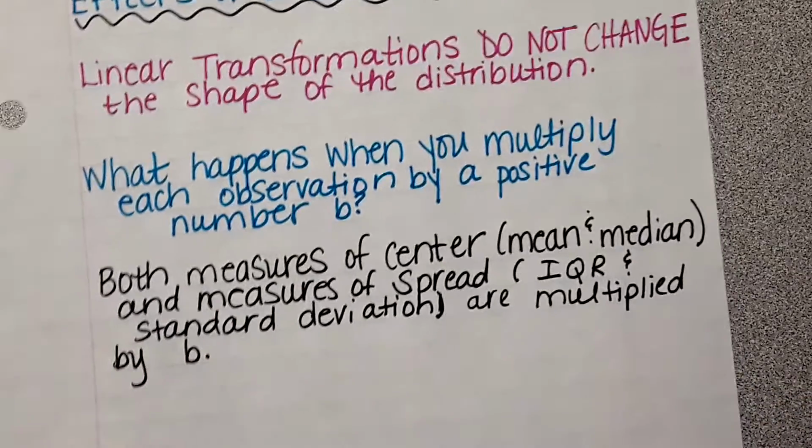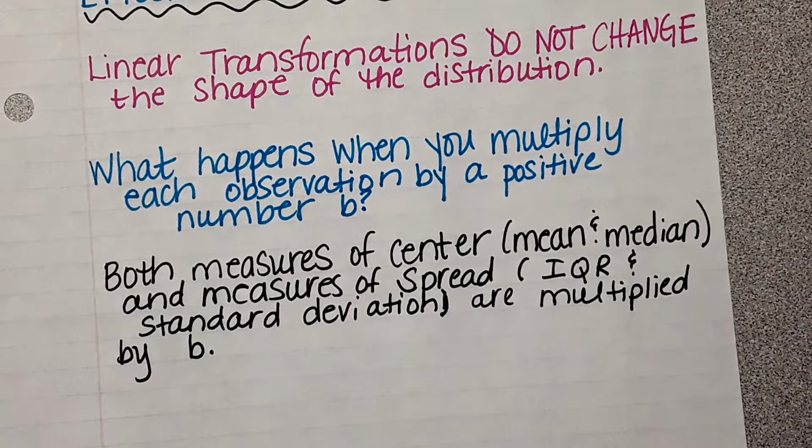So if you have three times as much, right? That means that multiplication by b affects both the standard deviation, the measures of spread, and the measures of center. It changes everything.